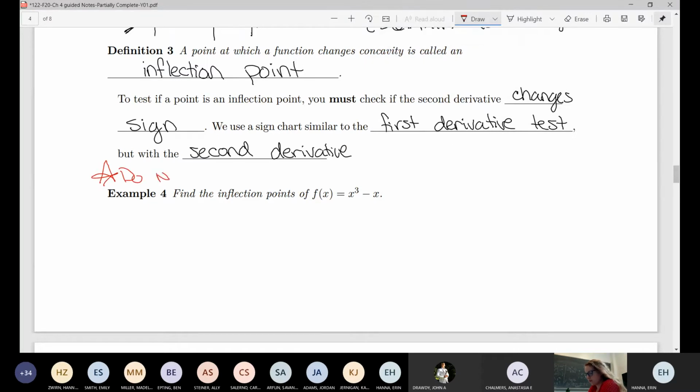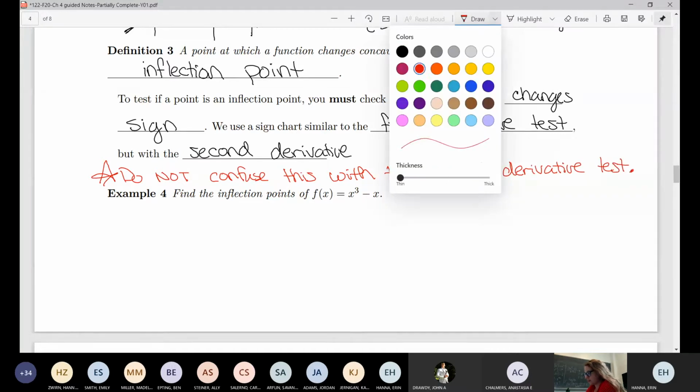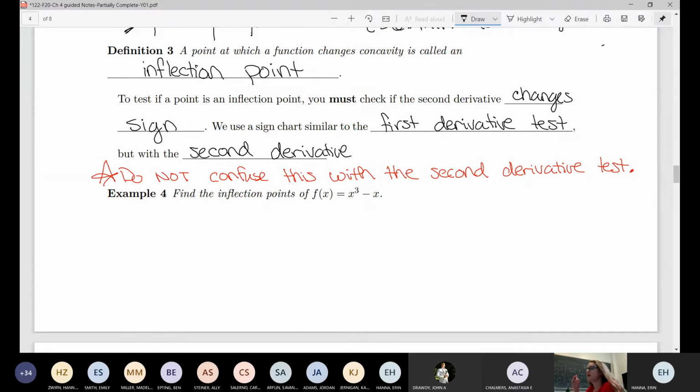Please do not confuse this with the second derivative test. The second derivative test is for extrema, and what we're about to do now is for these new things called inflection points.